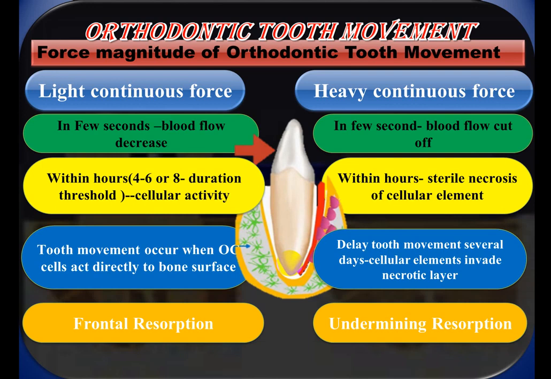The second cause is the thickness of the bone that needs to be removed by the osteoclast cells until they invade and reach the lamina dura and the necrotic or hyalinized area on the compressed side of the PD ligament.